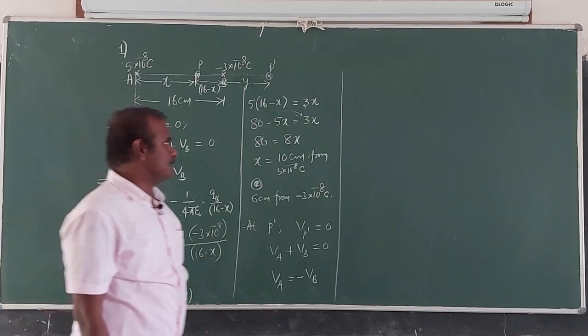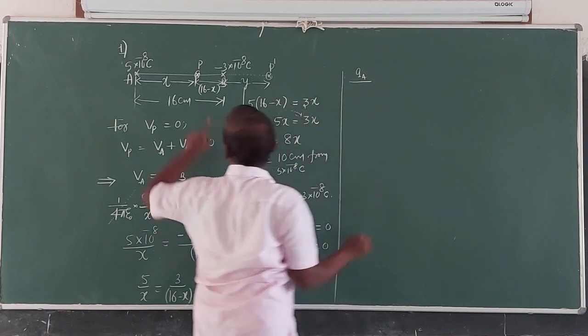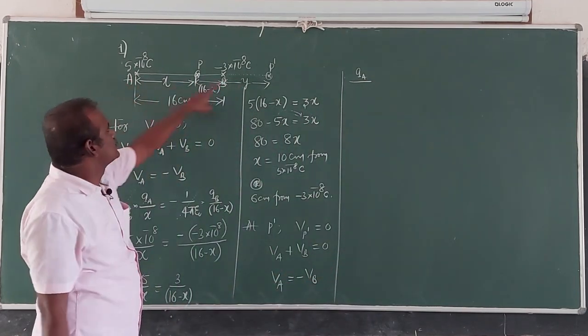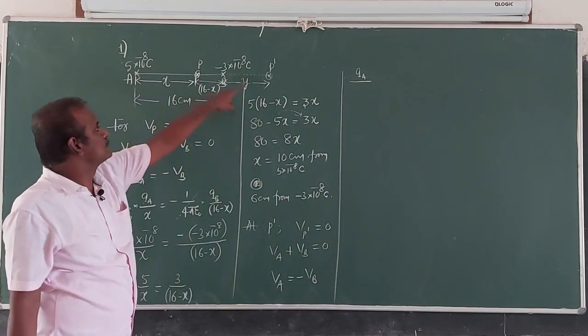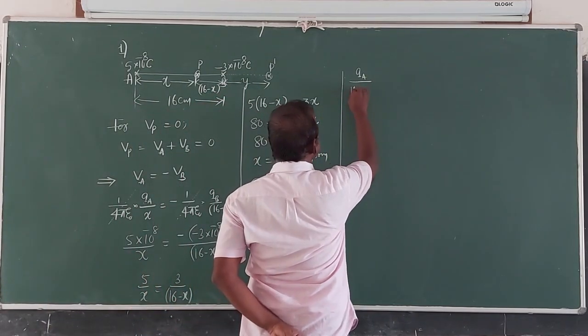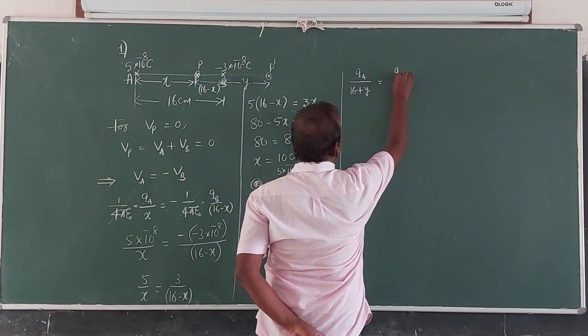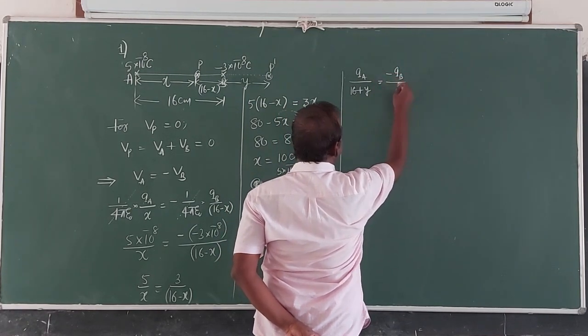I write directly, this is QA divided by, what is the distance? Look at the distance from here, 16 plus y, is equal to minus sign. What is this? Y.